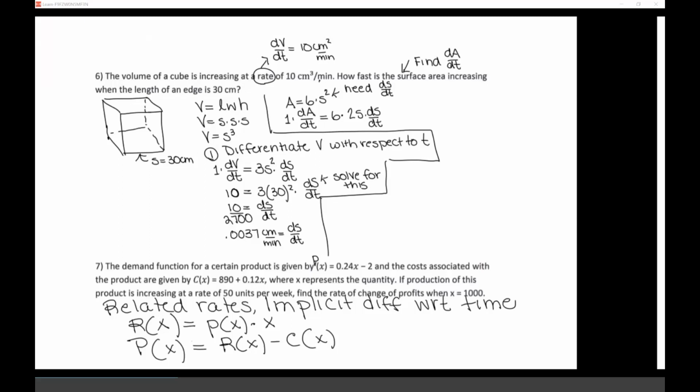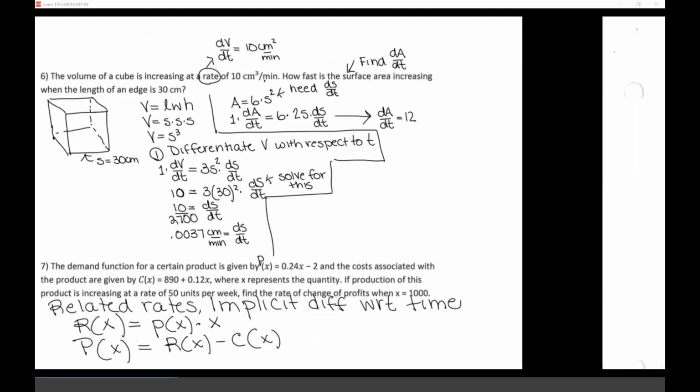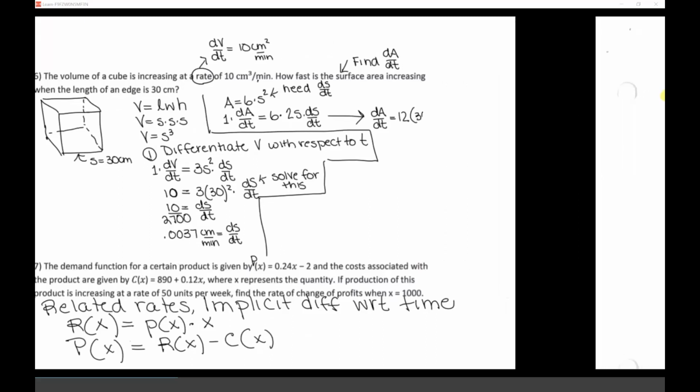So here's what I have now. I have dA dt, which is what they want me to find, is 6 times 2 is 12. Plug in my S value, which is 30 centimeters. The ds dt is 0.0037, and that's centimeters per minute. So multiplying those units together is going to give me square centimeters per minute, sorry.